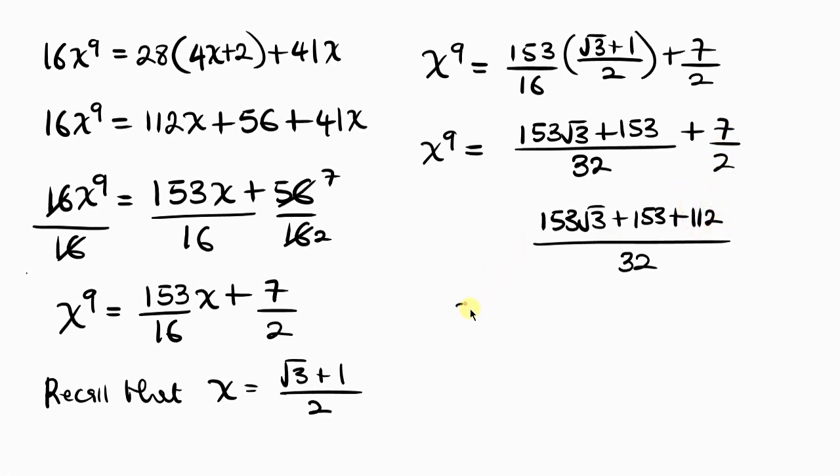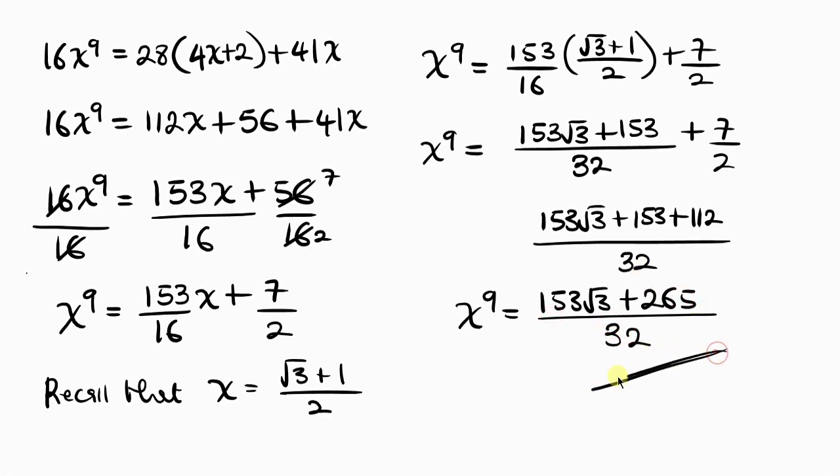So finally, our final answer will be x to the 9th equal to, we're going to be adding like terms here. So I have 153 root 3. Now 153 plus 112 is actually 265 all over the denominator 32. And this gives our final answer.